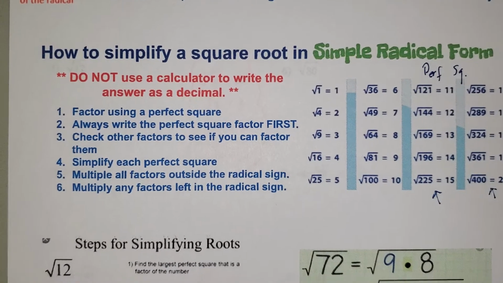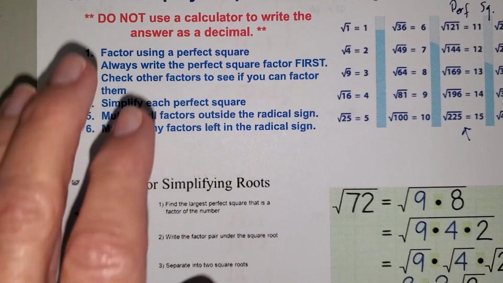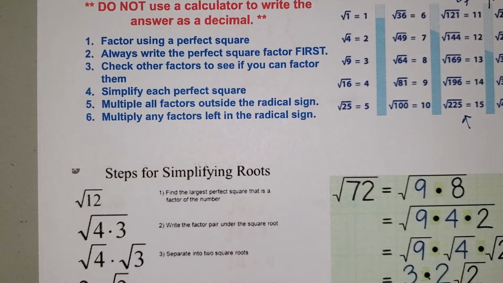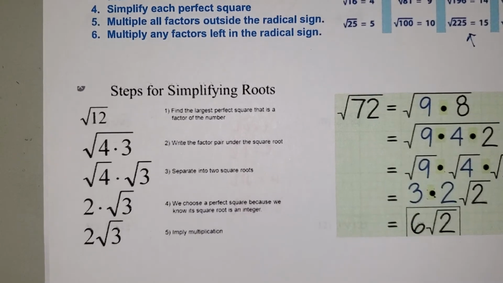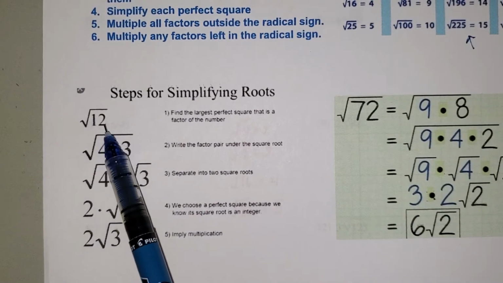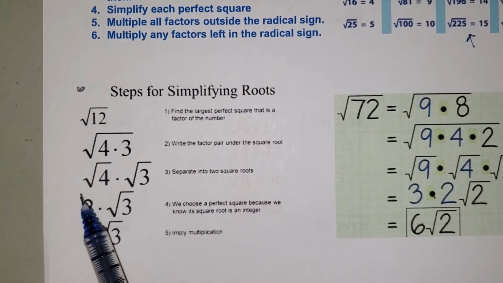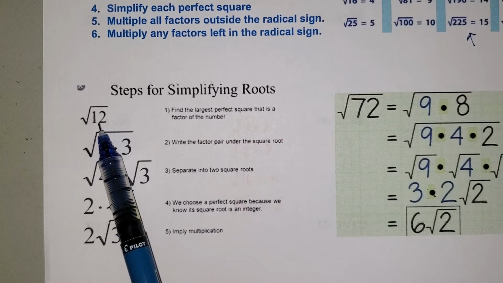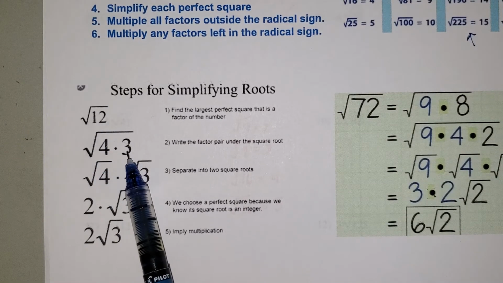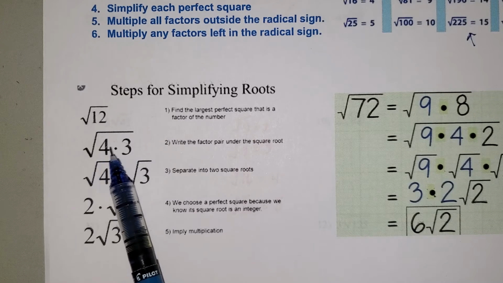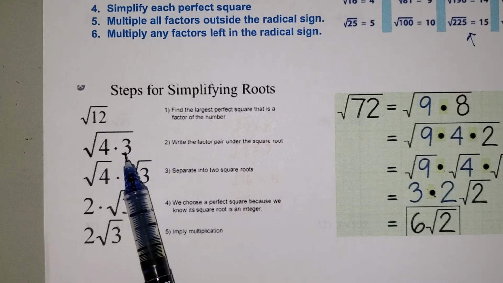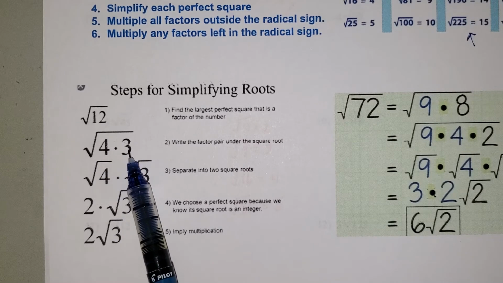So here are the rules. And here's some examples. We're going to start with the radical, square root of 12. We're going to factor it using a perfect square and another number. Always write the perfect square first. Okay. We look at the second number. We can't factor it as a perfect square, so we leave it.